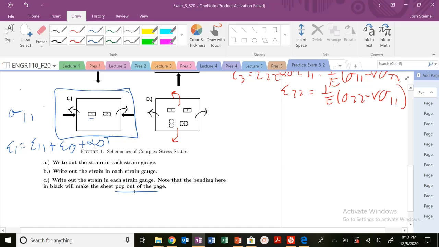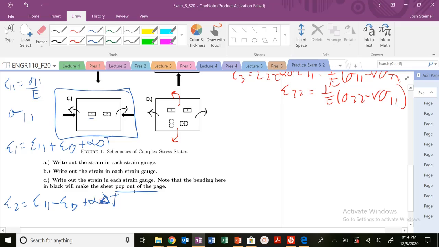My epsilon 1 is equal to my sigma 1 over E. The only difference now for the second strain gauge, still measuring in the 1-1 direction, is that it's minus EB, because those wires are being compressed since the sheet is popping out of the page. So plus alpha delta T.